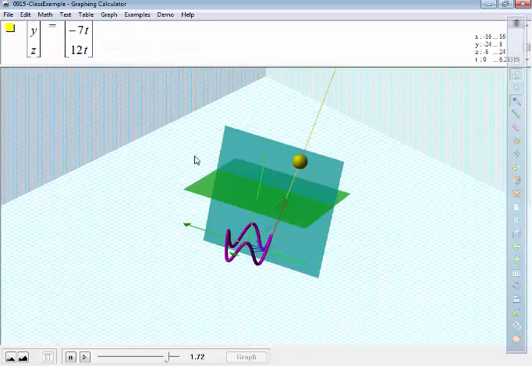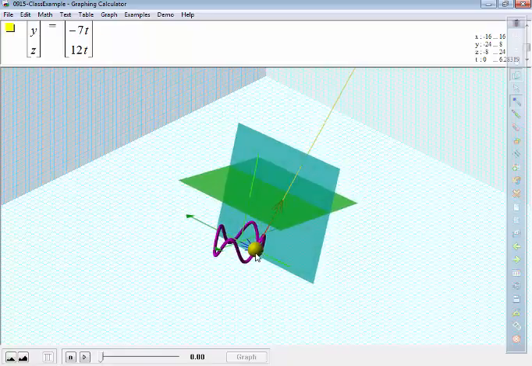I got a slider in here somewhere. Oh, this is my slider. So this is the roller coaster, and this big point over here is where you're going to get ejected from. And as you get ejected, you're going to follow this line. And if you follow that line, when t, we're calling it n, I guess, when n is equal to 1 down here, we'll see that you've gone to the ceiling.